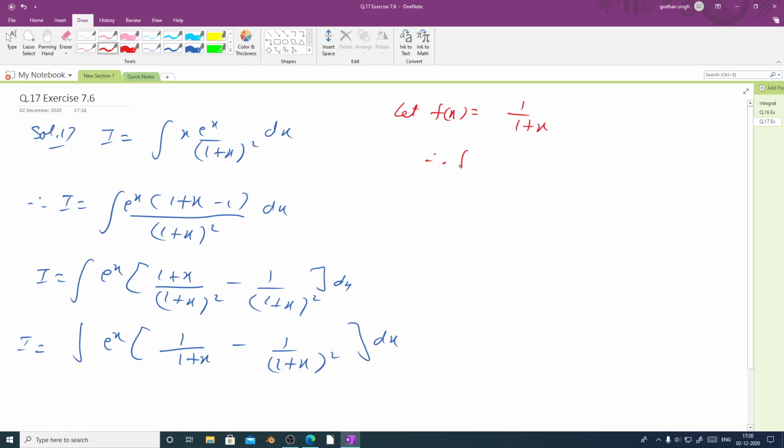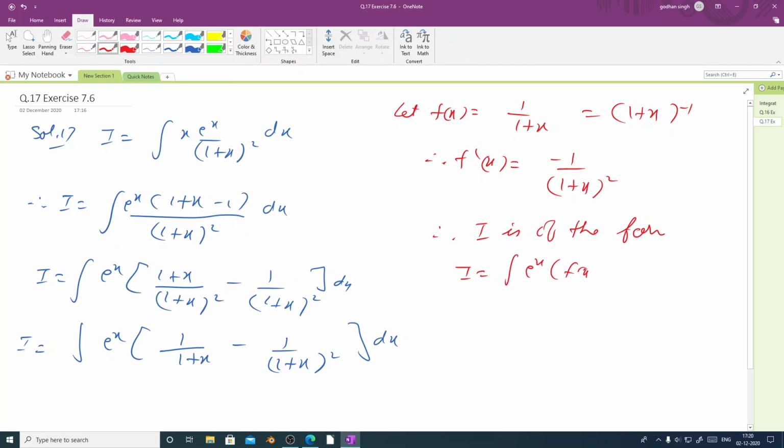Therefore f'(x) equal to, rewriting this as (1 plus x) raised to minus 1, minus 1 over (1 plus x) square. So therefore I is of the form I equal to the integration of e raised to x [f(x) plus f'(x)] dx.